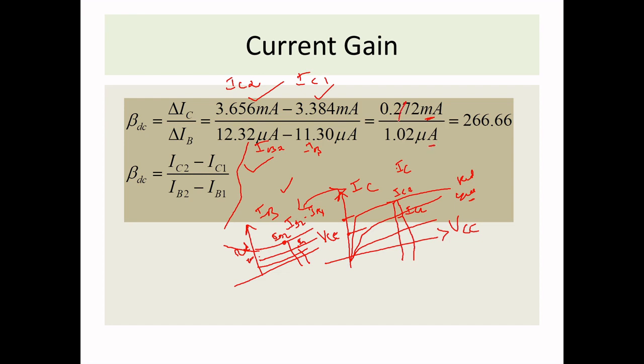When you divide these values, you will get 0.266 something. Here you have a factor of 10 to the power minus 3, so you will get 266.66 as the factor. So this is the expected beta value for this design.